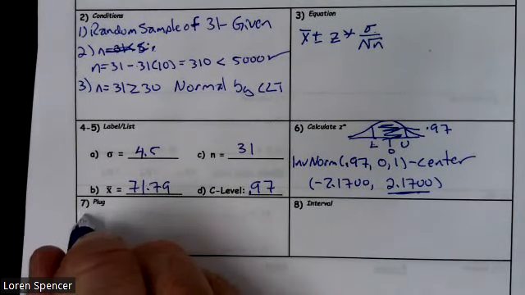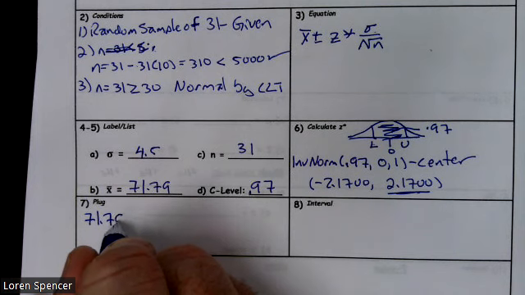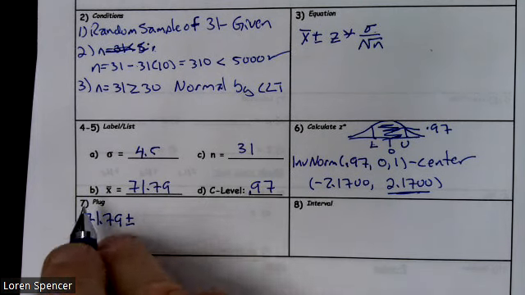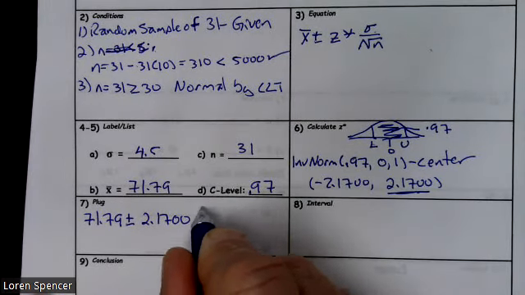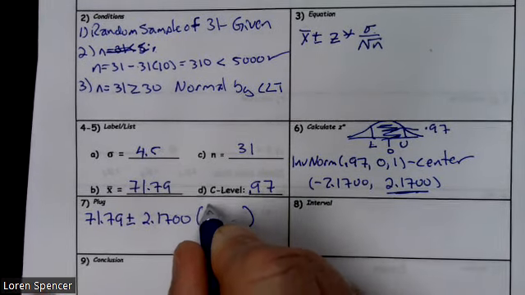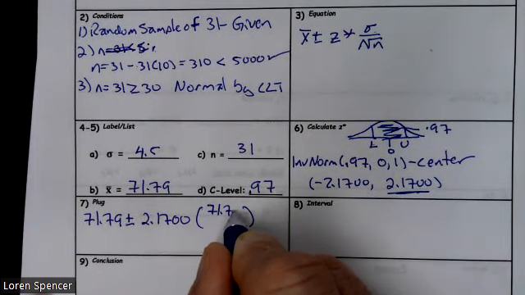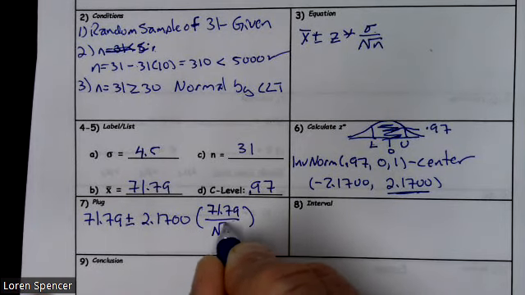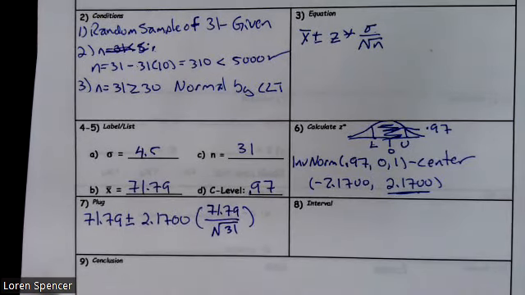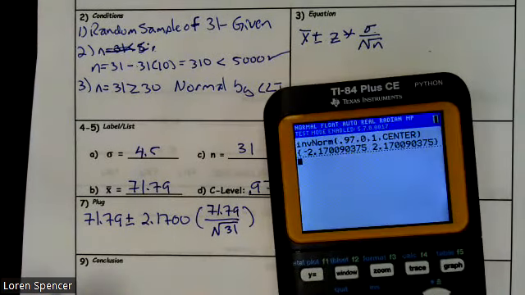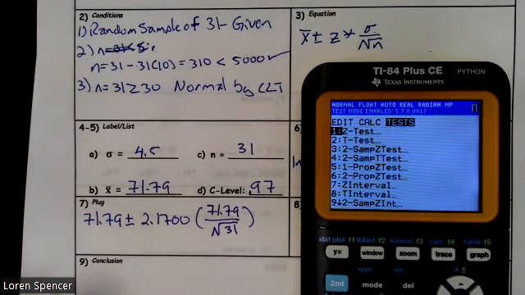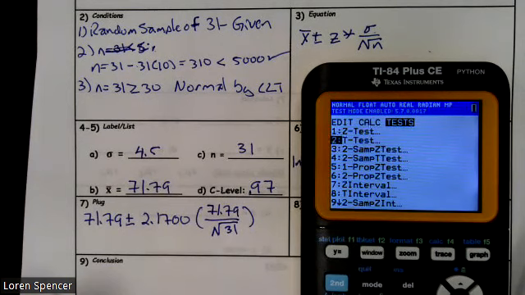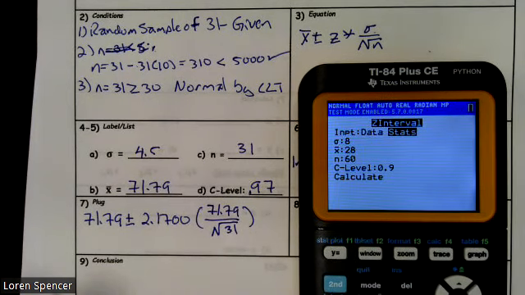We plug in and we have 71.79 plus or minus 2.1700 times 4.5 over the square root of 31. So we need to go ahead and run this. We're going to go to STAT TESTS and drop down to number 7, which is ZInterval, and make sure Stats is highlighted.